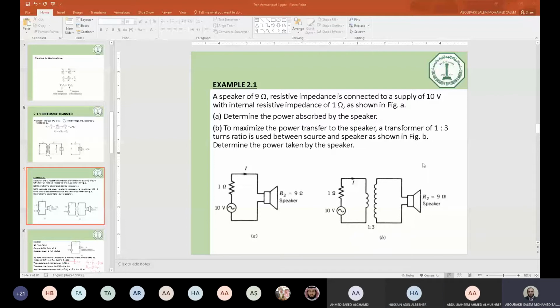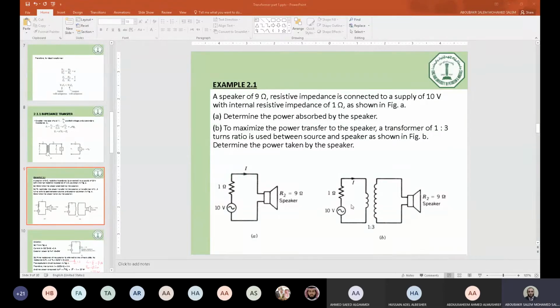If we have 1 ohm from the speaker and another series 1 ohm from the supply, what is the total resistance now? Total resistance is 2 ohms. So what is the value of current? 10/2 equals 5 amps. This is right. So 5 amps instead of 1 amp for the previous case.